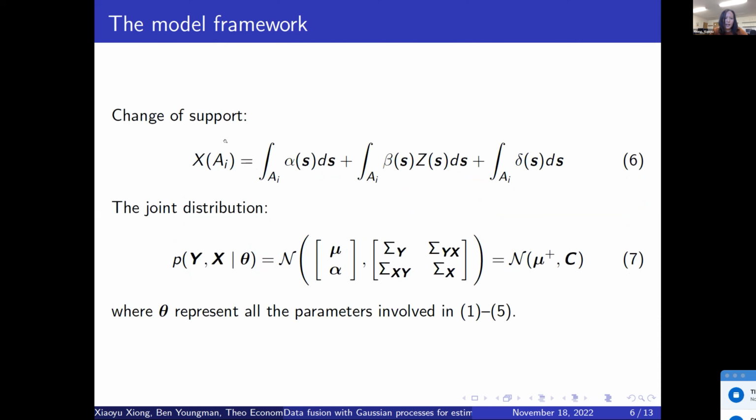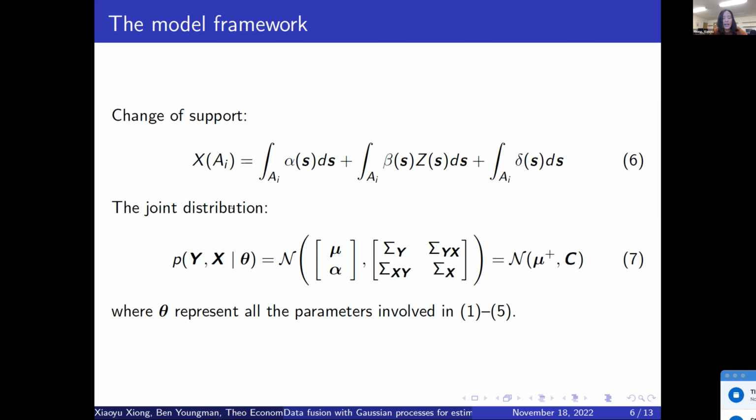And here is how the change of support is dealt with. This area climate model output X_{A_i}, where A_i denotes a specific area, is modeled as the integration of the point-level numerical climate model output within that area A_i.